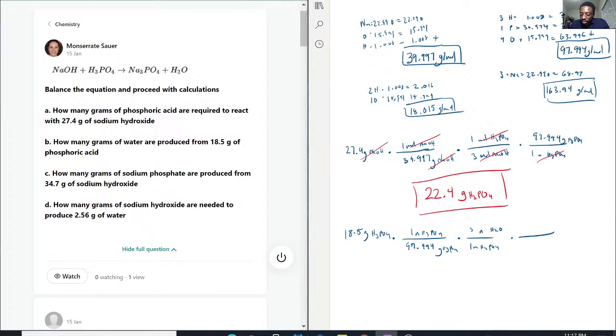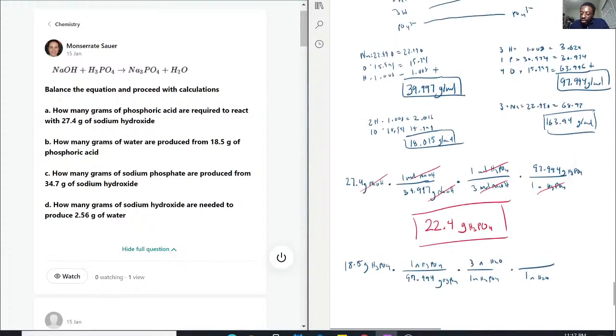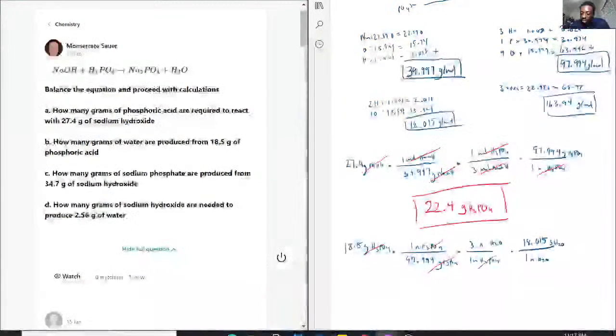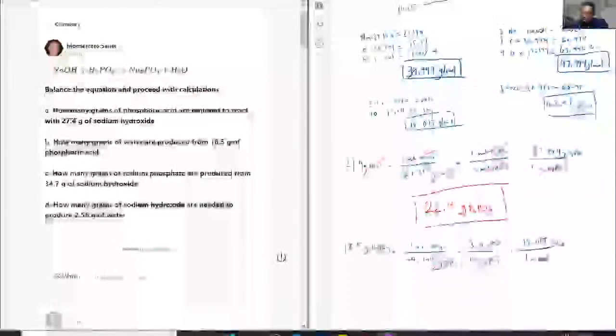And now, with this, for every 1 mole of H2O, according to my calculations, there was 18.015 grams of H2O. And now let's cancel our units again. Moles of H3PO4, moles of water, and then bam.